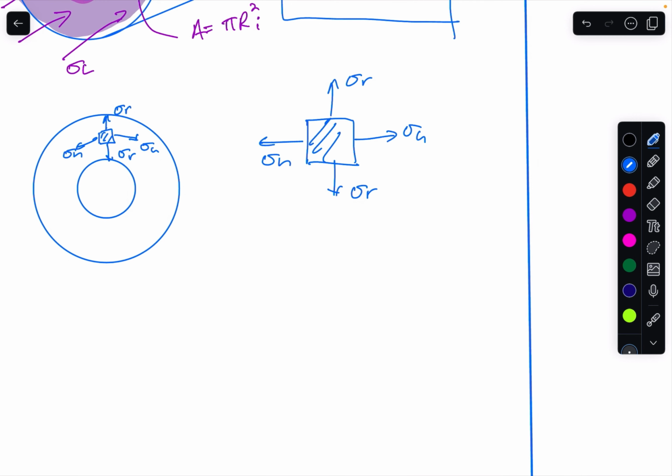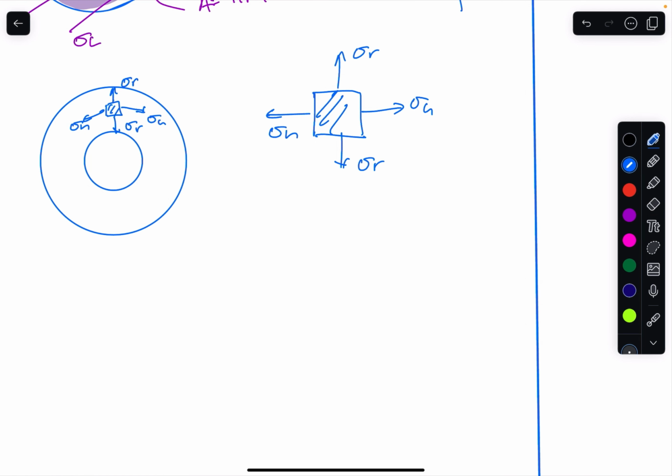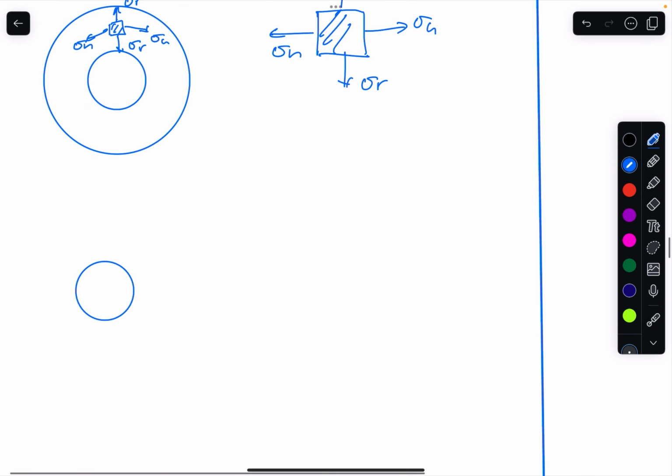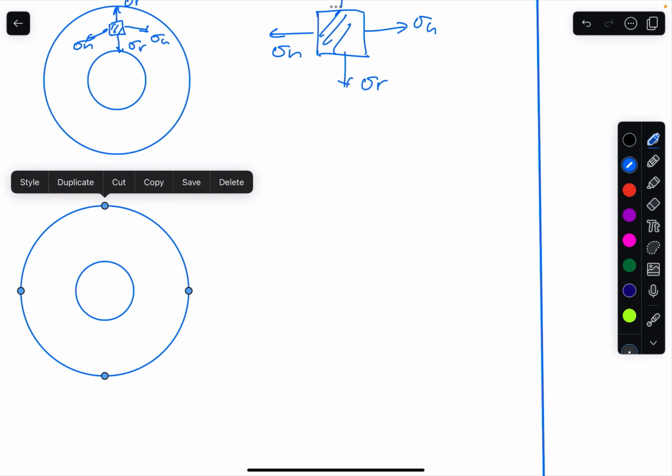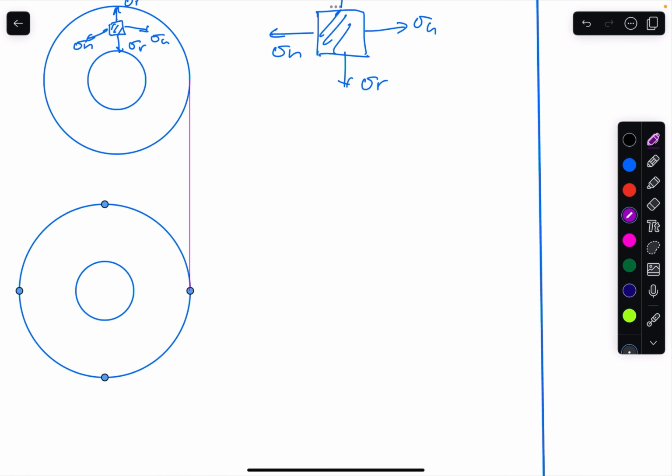Now, I just want to draw this over again to highlight something. If we have that section, which is a bit exaggerated here, and we take a slice of it, and draw some forces on this, you will have sigma hoop applied in that direction.